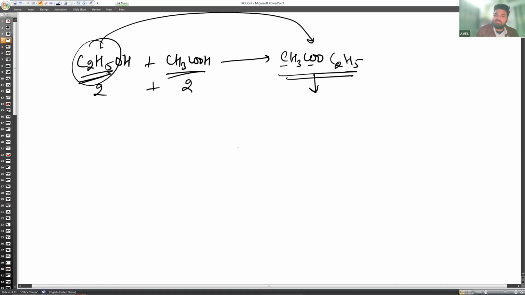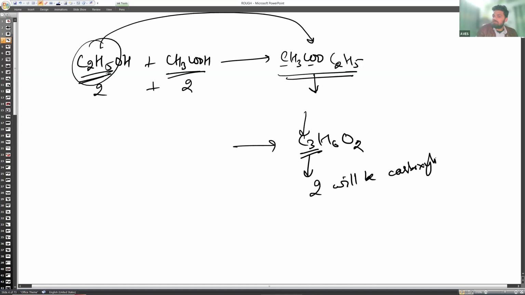But in our question, it is C3H6O2. So there are 3 carbons, and out of this 3, 2 will be from the carboxylic acid, because we have ethanoic acid, CH3COOH. The 2 carbons come from this one.